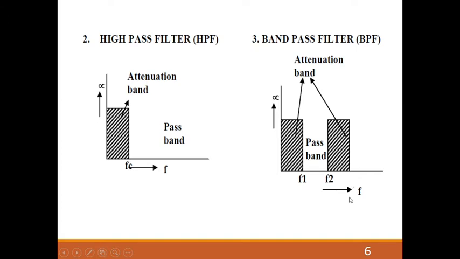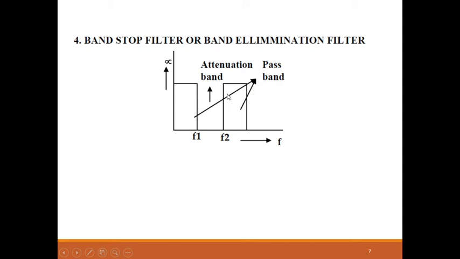The band elimination or band reject filter is just the opposite of the band pass filter, which is shown in the figure. In the previous case, the frequency was passed from the region F1 to F2, but in this case, the frequencies are eliminated from F1 to F2. That is the major difference between the band pass and band elimination filter.